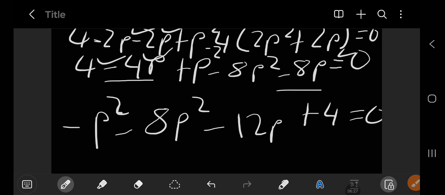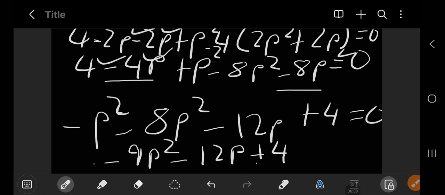So this becomes negative 9p squared minus 12p plus 4 equals 0. Let me just pause it here because it's getting a bit long, and I'm gonna continue from there.